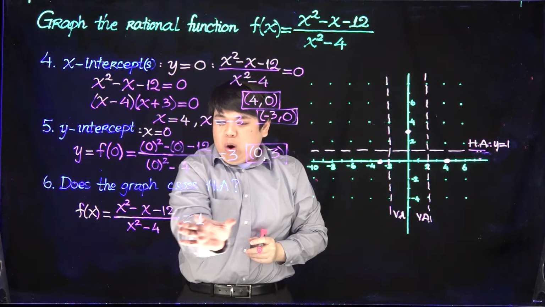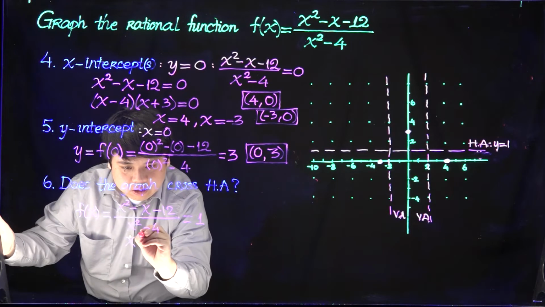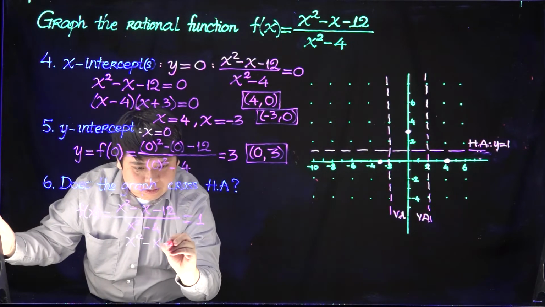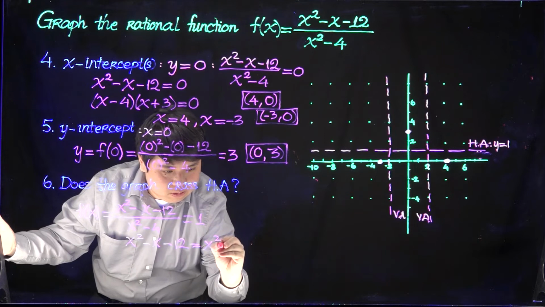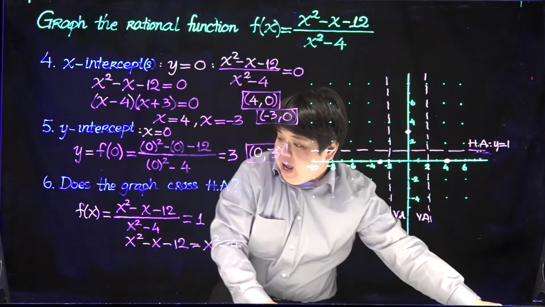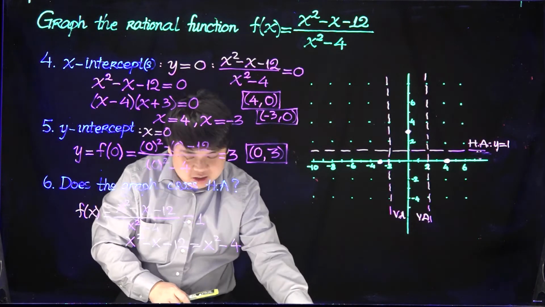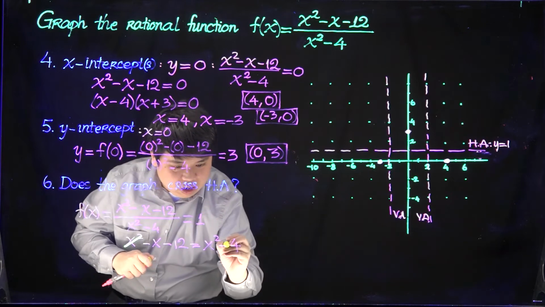I'll multiply x squared minus 4 on both sides. Both of them have x squared, so we can cancel that, or minus x squared on both sides.